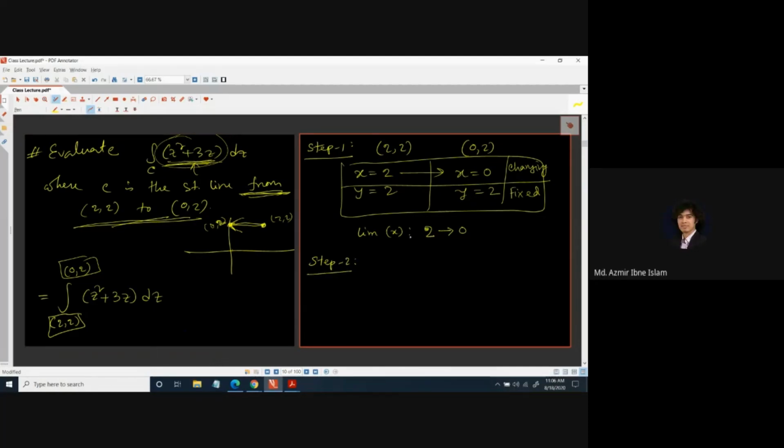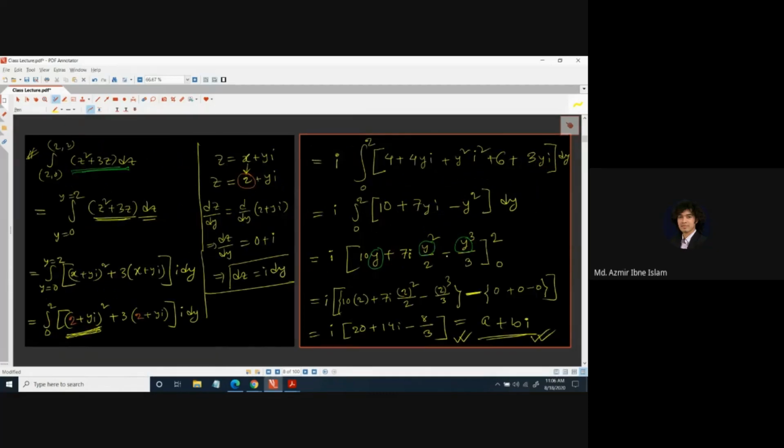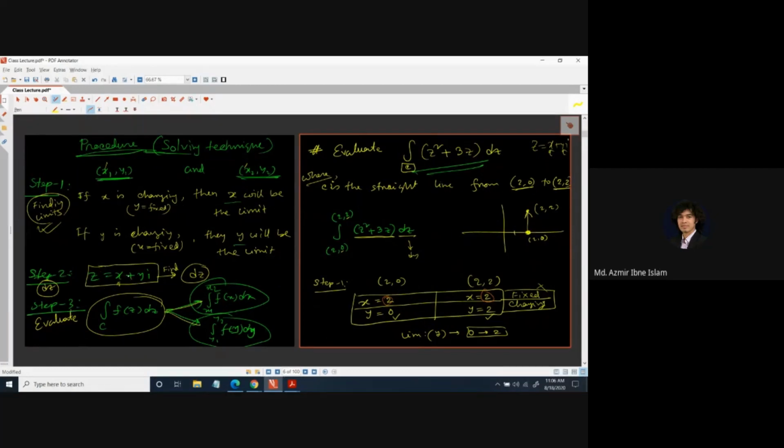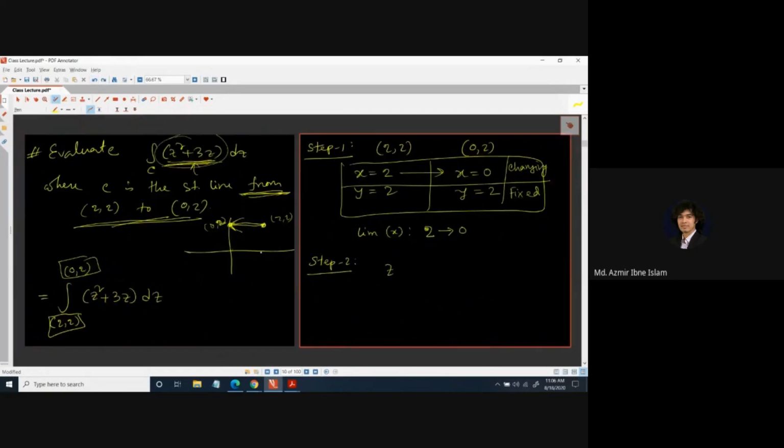So now our target is to convert dz to dx because this time we have x. For finding dz, we always have to start from z equal to x plus yi. So this is our base form. We have z equal to x plus yi, and you know that we have a fixed value for y. So x plus 2i, we are keeping the fixed value here. Now this time we have to differentiate both sides in terms of x.